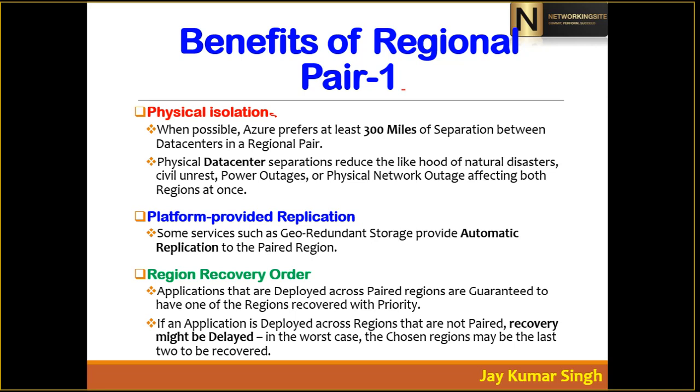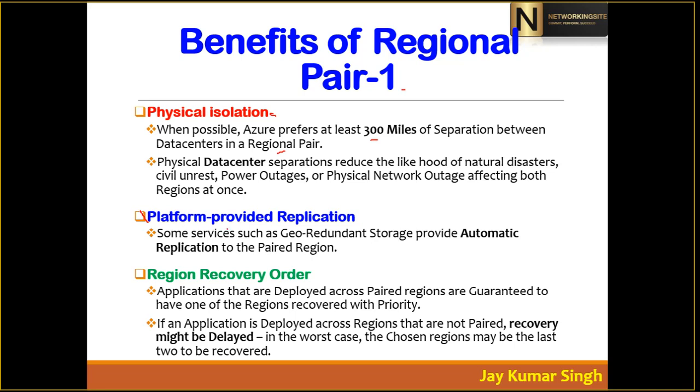They are physically separated between two different locations, and the minimum distance is 300 miles. That is the minimum distance, because there could be a power cut or maybe a tsunami, something like that. So 300 miles is the minimum distance between regional pairs.